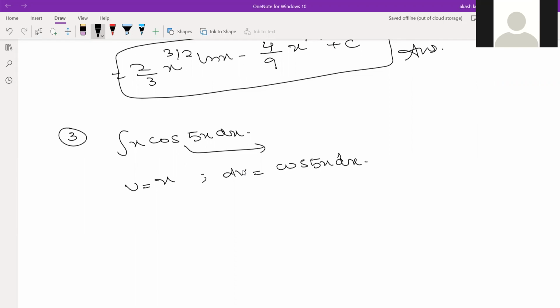And then our du will become dx, and the integral of dv will become v. The integral of cos x is sin x. Minus sin, I think?